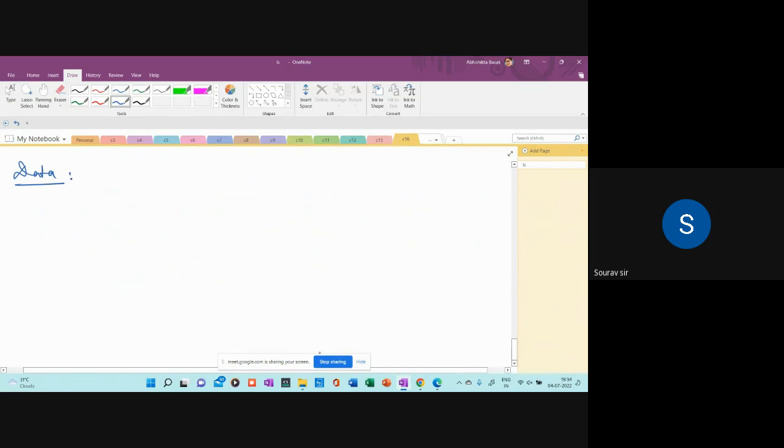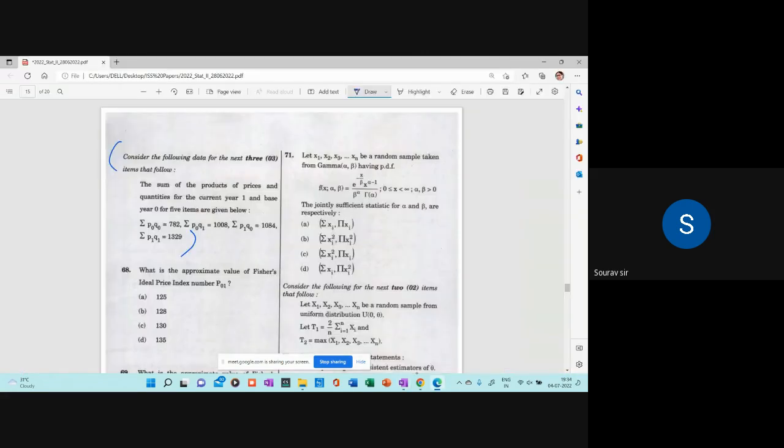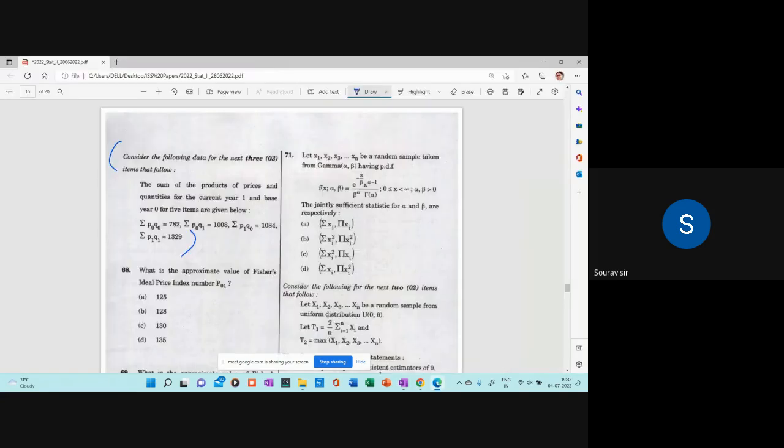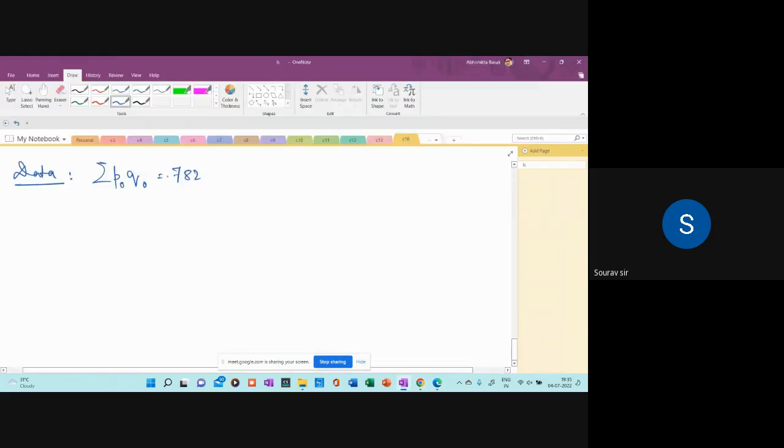What is the given data? The data is: summation P naught Q naught is 782. Next, summation P naught Q1 is 1008.